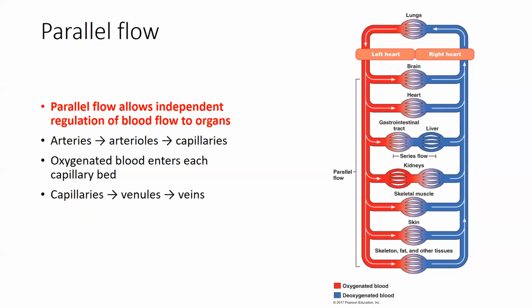It's not going to one and then the other. It's sort of going to each of these areas simultaneously. Okay, so it's going to use those arteries, those arterioles, and those capillaries that we talked about. It's going to vascularize those tissues using the capillary bed. Then it's going to use the venules and the veins to make its way back to the heart in a parallel style of flow.